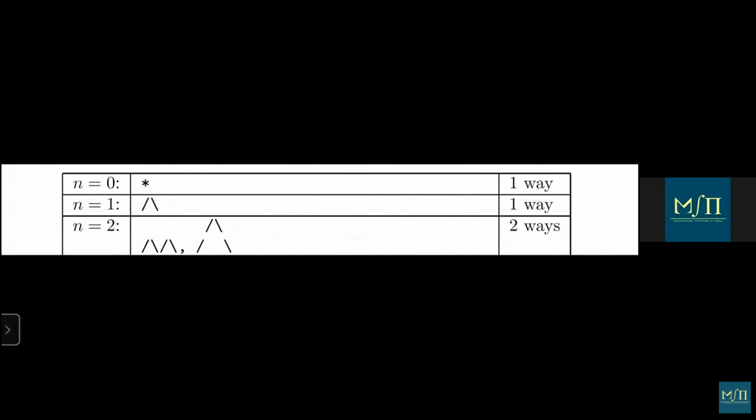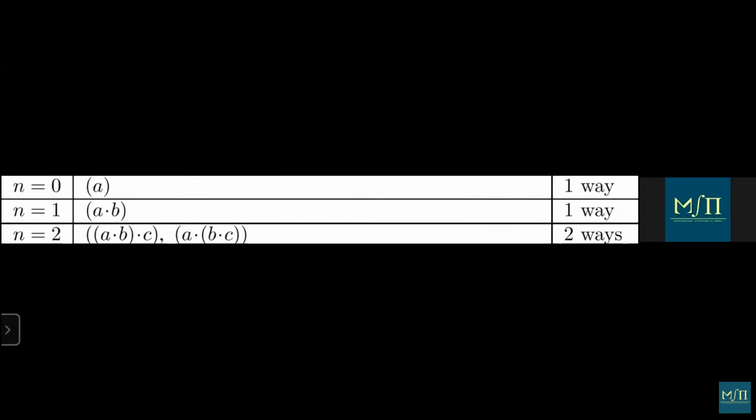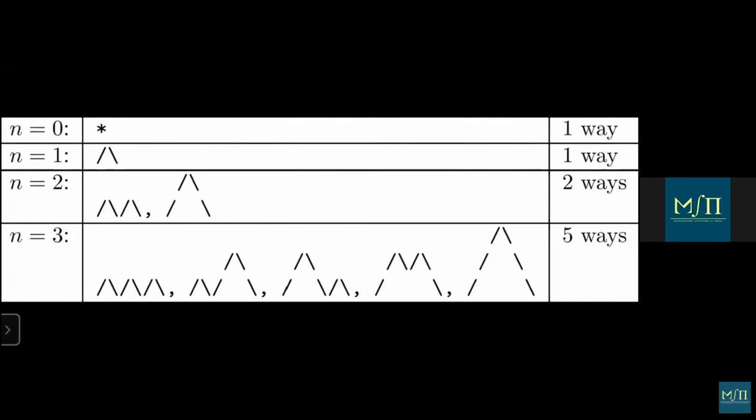So you can create a mountain range by two ways. When you have three pairs of up and down, then you can go like U, D, U, D, U, D, U, D, U, U, D, D, and so on. So there are 5 ways to create a mountain range when you have three pairs of this. So this is also a case where the Catalan number comes in.